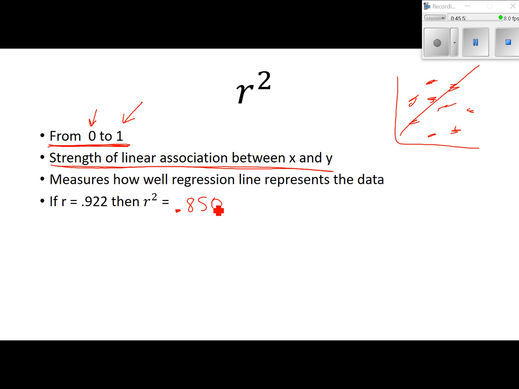What that's telling us is that 85%, sorry, I dropped my calculator, 85% of the variation, of the reason the Y varies from the line of best fit, or from the line of regression, is explainable, or can be explained.